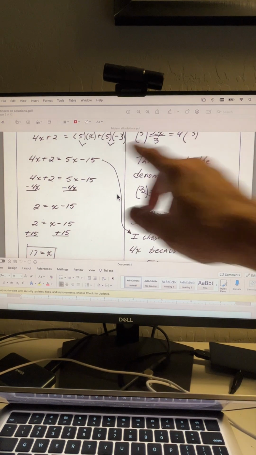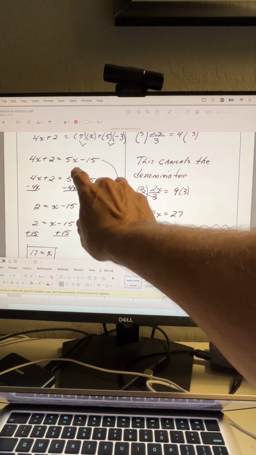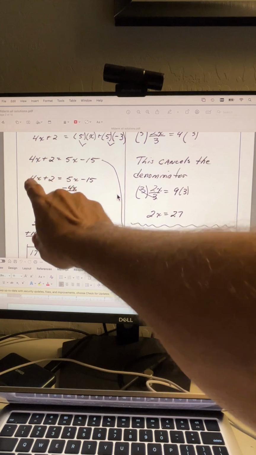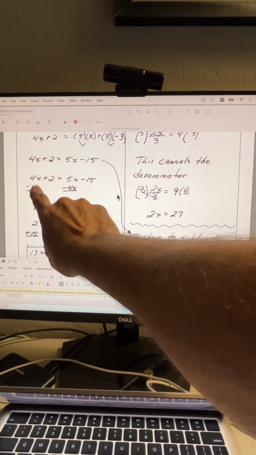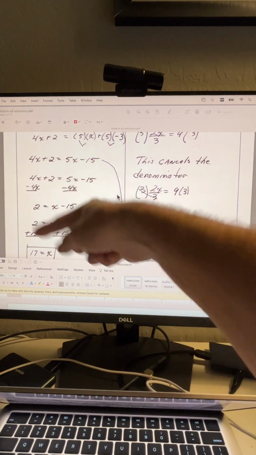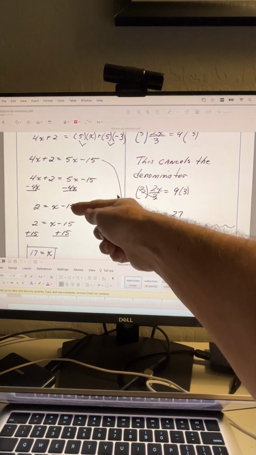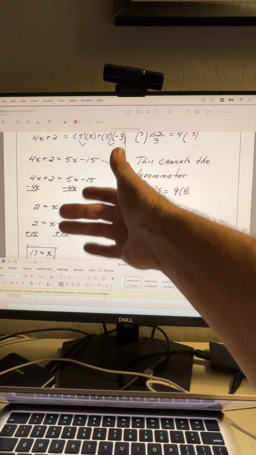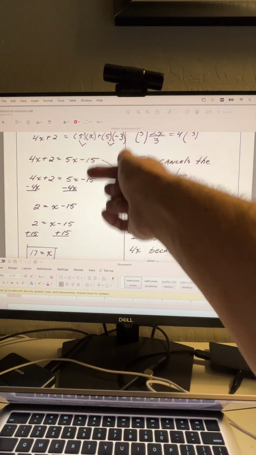So we've got our distributive property. I chose to subtract 4x from this side, thinking into the future, thinking about the next step. I'm forecasting my moves, kind of like checkers or chess. You think into the future about what you're going to do.